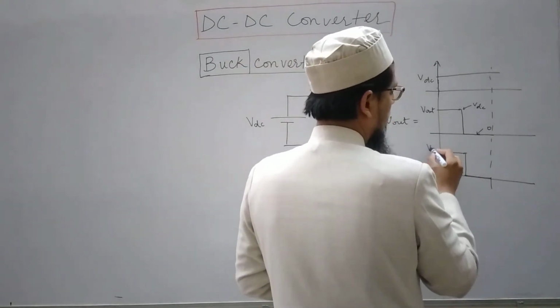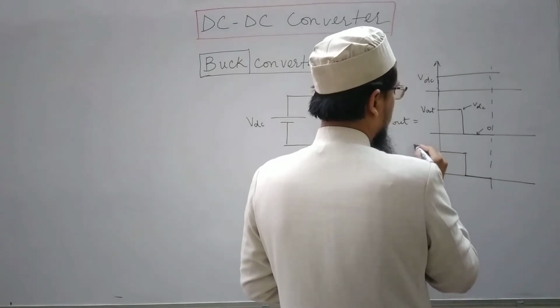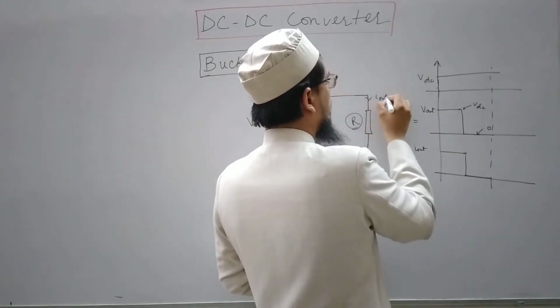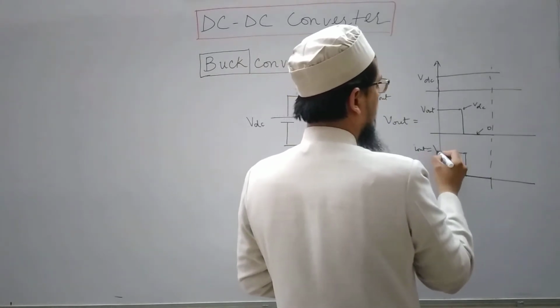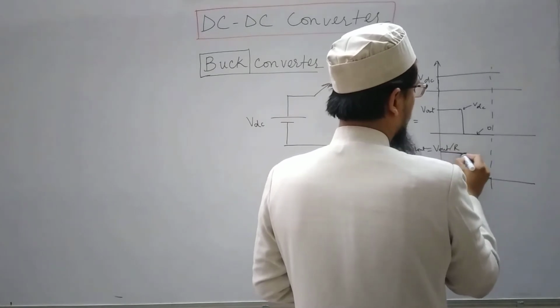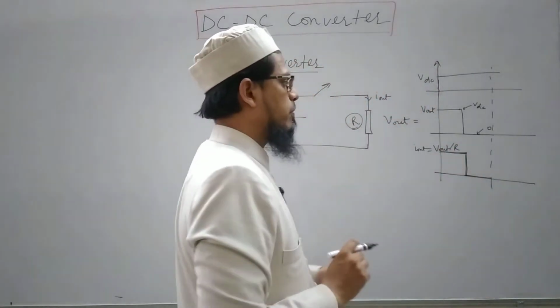So this would be V out, and this is the current, I out. I out would be V out divided by R. So this magnitude would be V out divided by R, while this is 0.